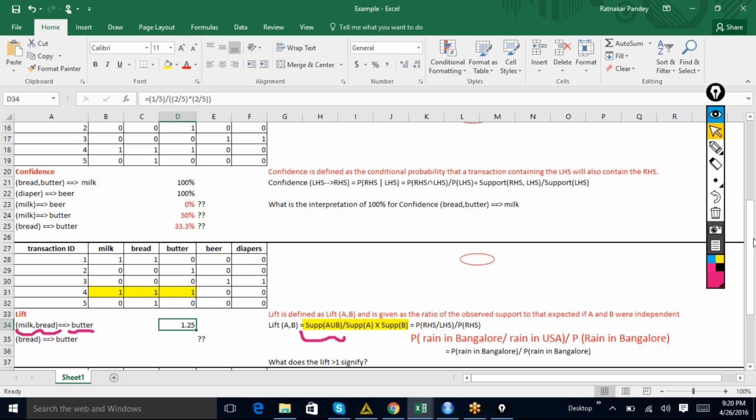Now, who can answer the question: what is going to be the lift for bread and butter? Follow the same math which I have highlighted in the yellow color. Take your time. Let me know if you can answer this. What is the lift of butter given bread?